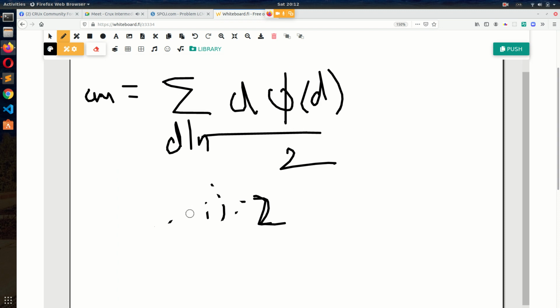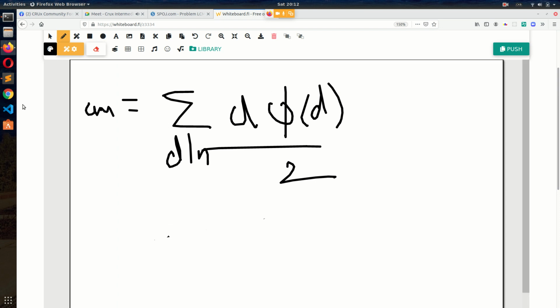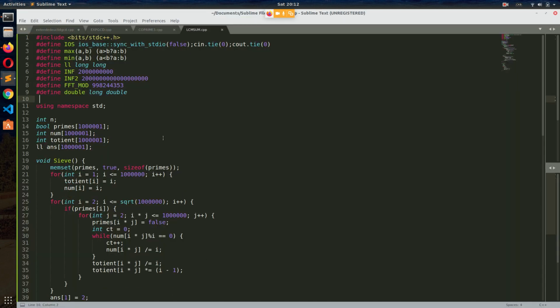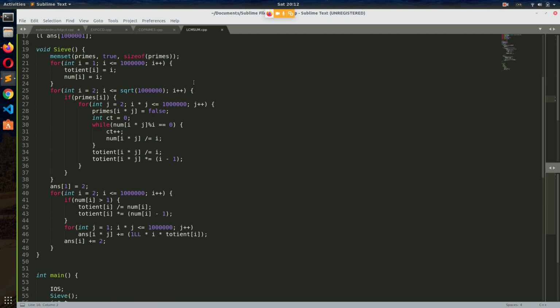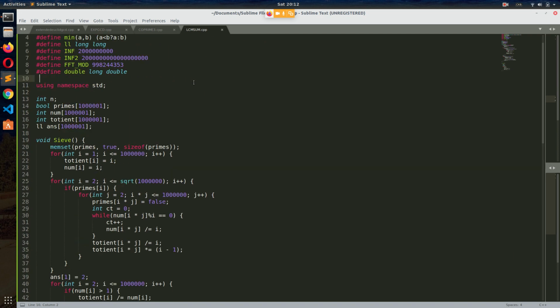Does everyone get the solution? Okay, I think everyone gets it. So here's the code. I think code wise this is the shortest problem of 3, but logic wise this was probably the hardest one, because it involved a lot of manipulation magic.